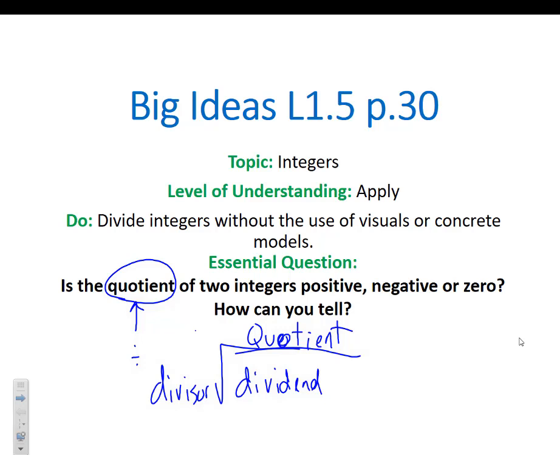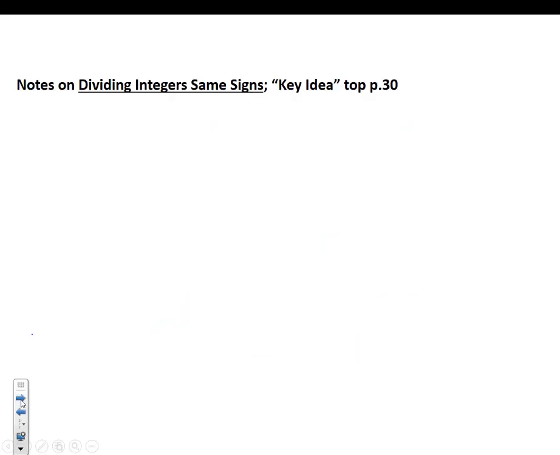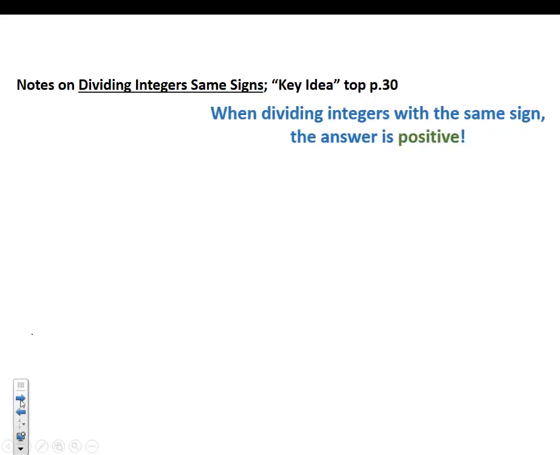All right, ladies and gentlemen, knowing that you're a person of character and intelligence, you have already taken the notes. So you understand this should be pretty straightforward for you. Because the wonderful thing about division is that they have the same exact rules for dividing as we have for multiplying. So when you took your notes on dividing integers with the same sign, you should have something similar to this.